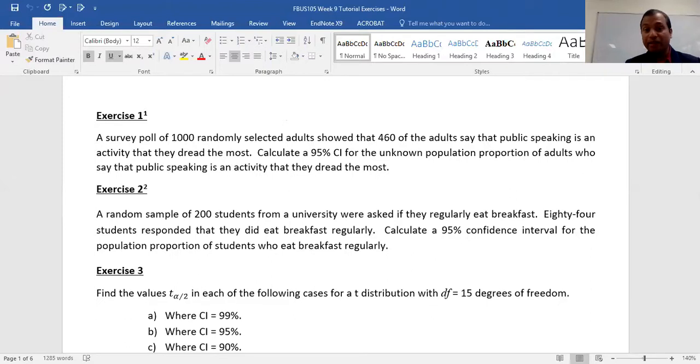So calculate the 95% confidence interval for the unknown population proportion of adults who say that public speaking is the activity they dread the most, that challenges them the most. So let me turn you towards the whiteboard.